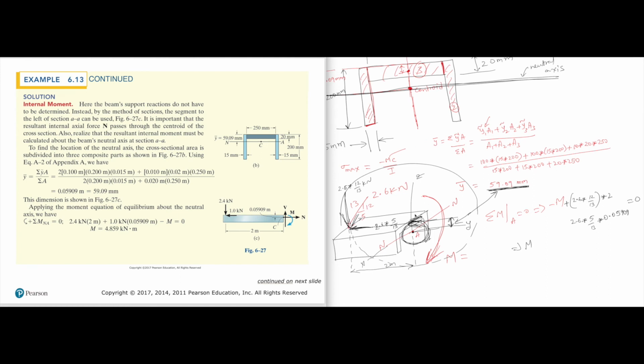2.6 times 12 over 13 times 2 plus 2.6 times 5 over 13 times 0.05909? That implies the moment that is being applied, if you calculate this, we should get 4.859 kilonewton meter. Do this.